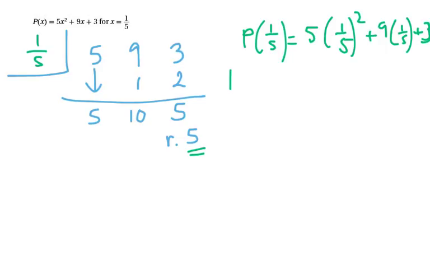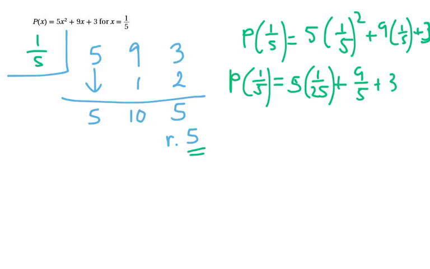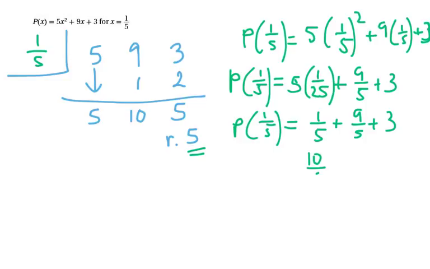So p of 1/5 equals 5 times 1/25, because 1/5 squared is 1/25, plus 9/5 plus 3. Bit of working with fractions here. P of 1/5 equals 1/5 plus 9/5 plus 3. 1/5 and 9/5 is 10/5 plus 3. 10 divided by 5 is 2 plus 3 equals 5. So I do get my remainder.